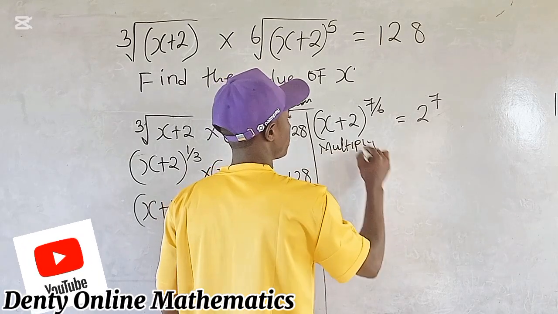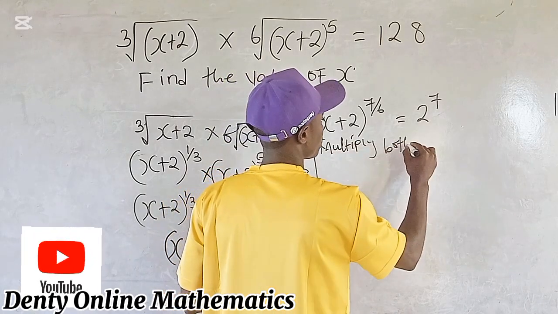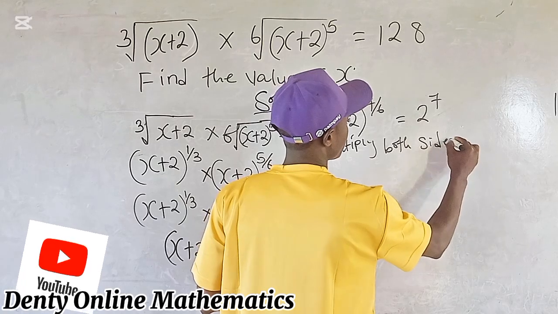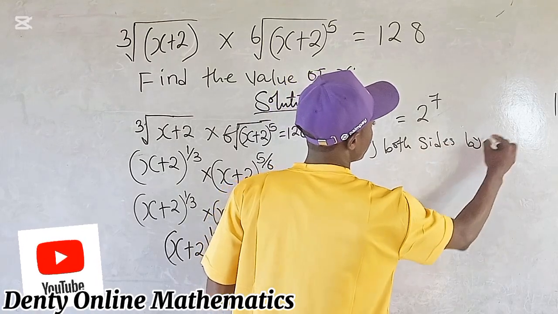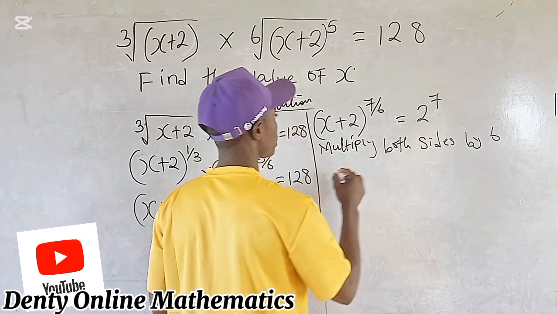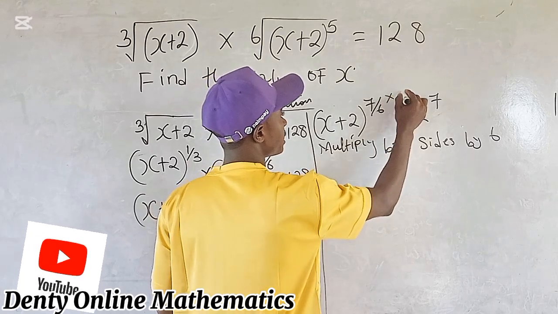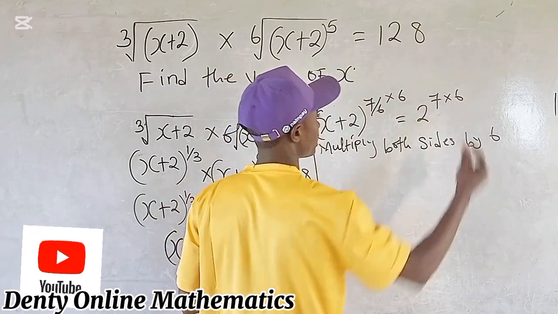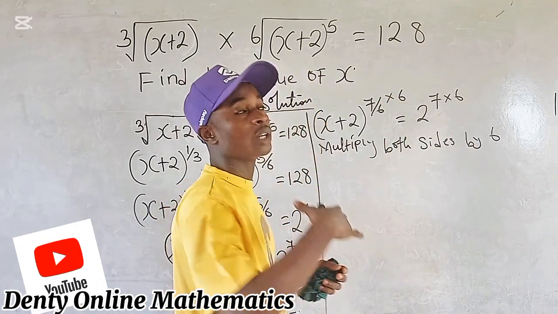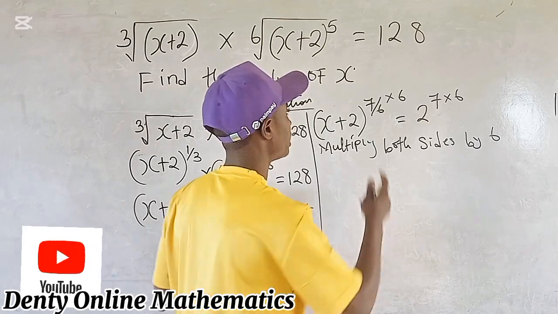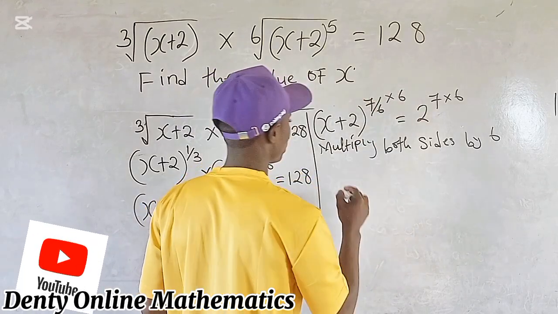So let's multiply both sides by 6. If I multiply here by 6, I'm going to still multiply here by 6, because anything you do on the left hand side, you always do on the right hand side. So 7 times 6 will give us 42.